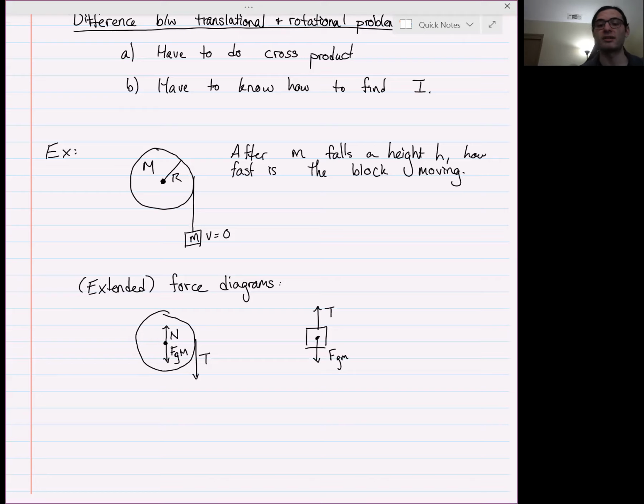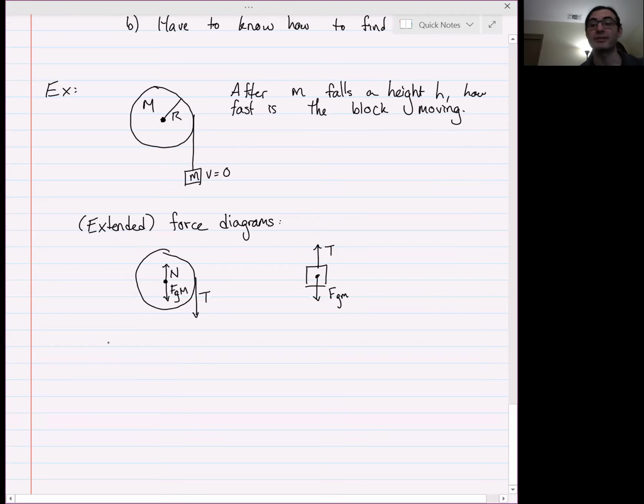So we need to figure out what the net torque and what the net forces are, so then we can use our Newton's second law equivalence. By the way, because this is a two-dimensional problem, it is sufficient to just use non-vectors for our setup.